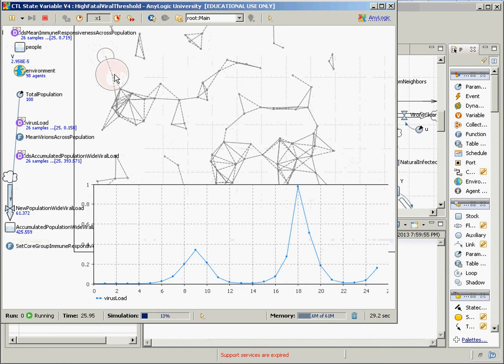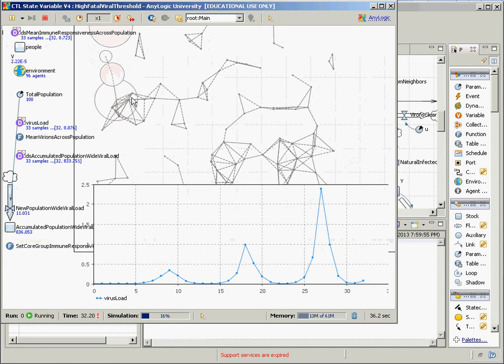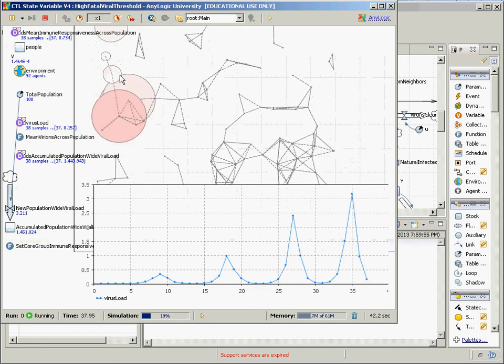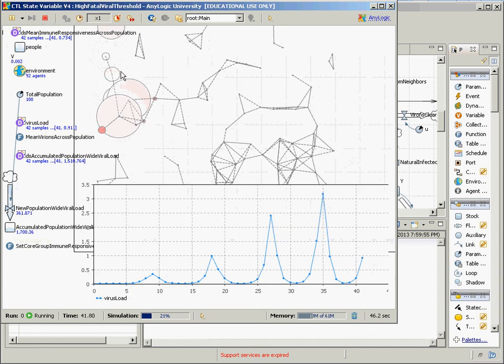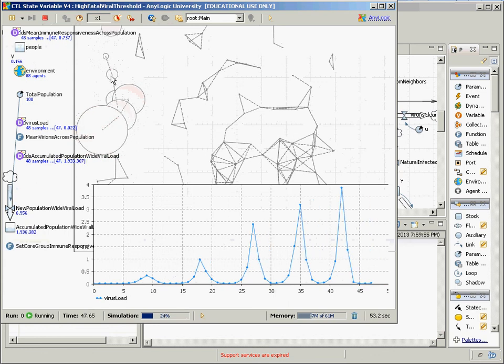Here you see successive individuals being infected, responding to it, and clearing it. So it must be that the viral load is actually the redness, and the width is their level of immune memory. Here we see individuals retaining some immune memory over time, even following their infection.